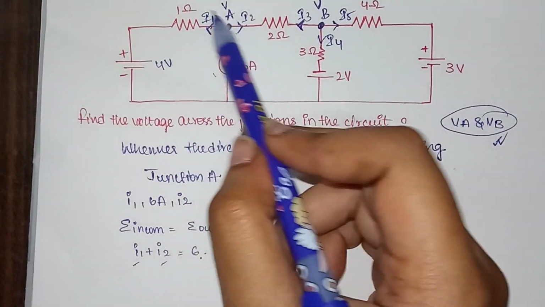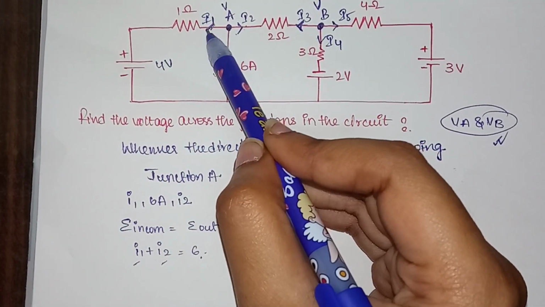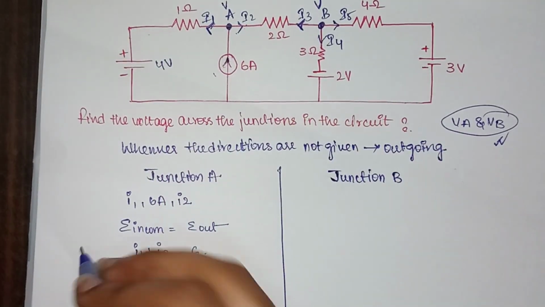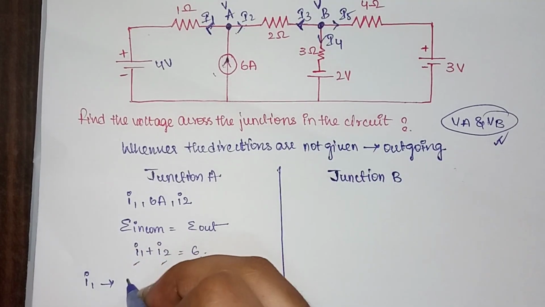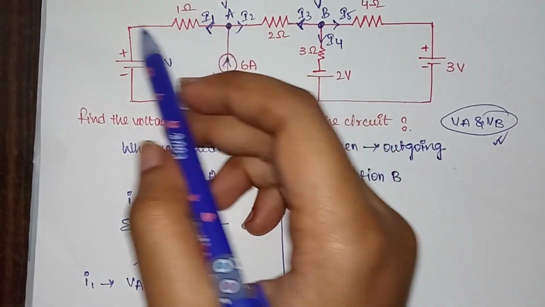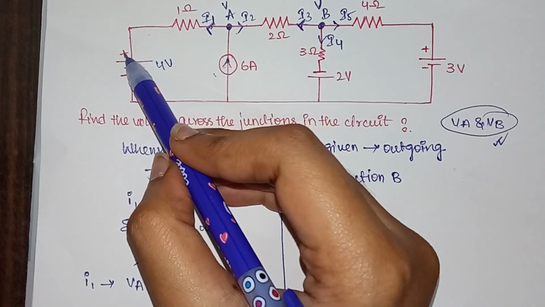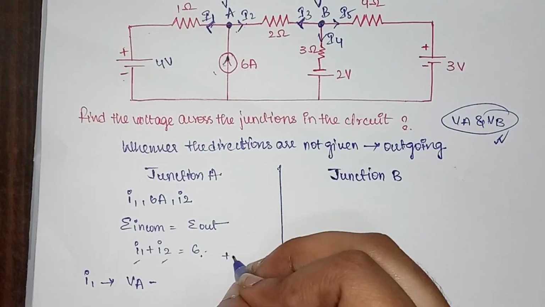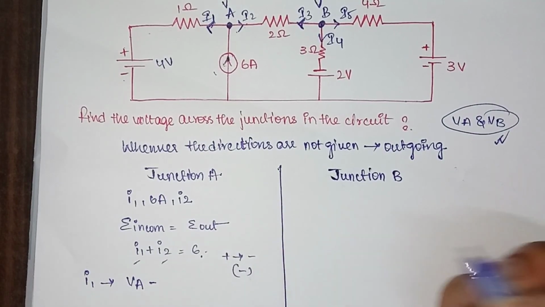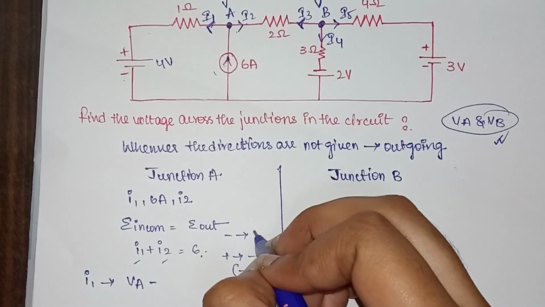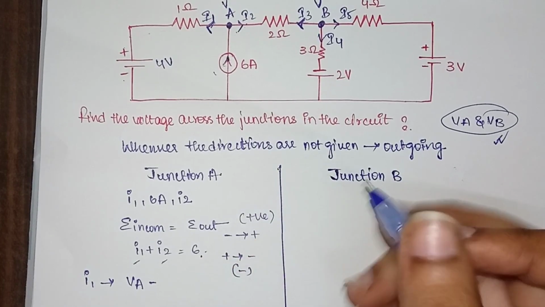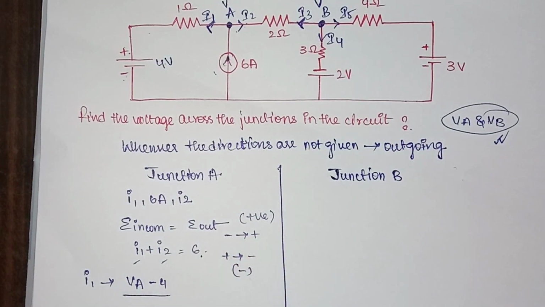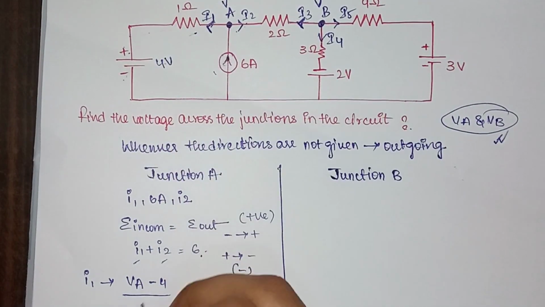If we are checking this particular node, this I1 is moving from VA, which means our VA is at higher potential. So the I1 value will be VA minus, then it is passing through this particular voltage. See, it is moving from the positive terminal to the negative terminal. If current is moving from positive to negative, we need to consider the value as negative. If it is moving from negative to positive, then we need to consider it as positive. Since it is moving from positive to negative, you will have minus 4 divided by the resistance, which is 1.